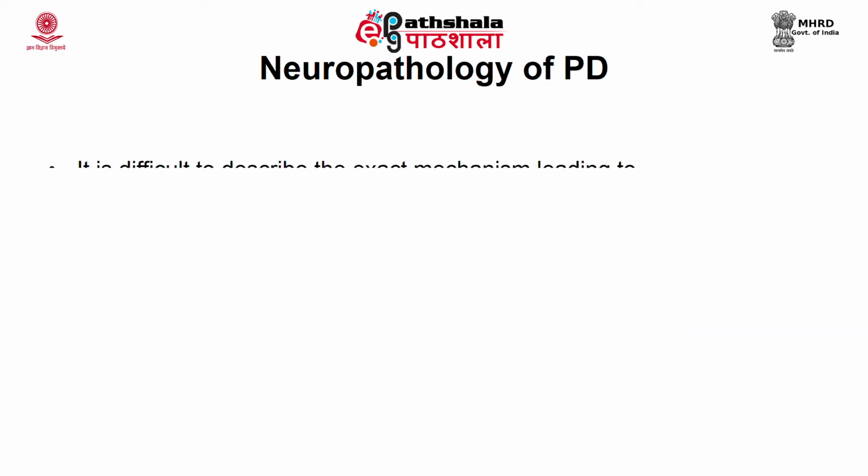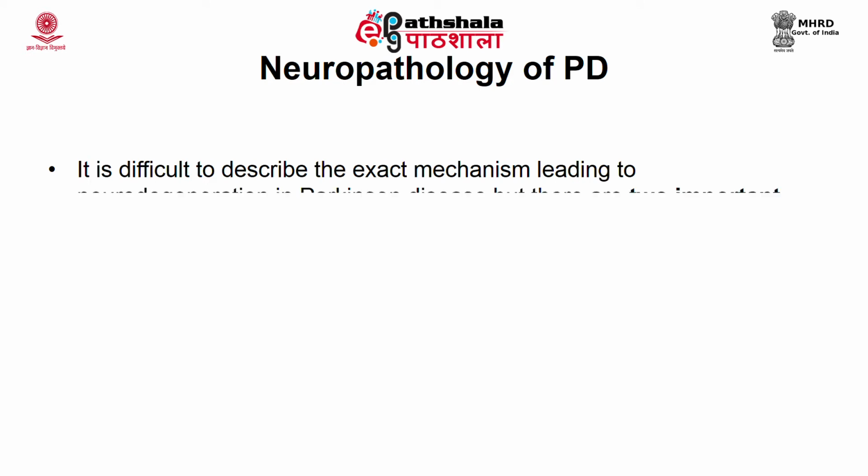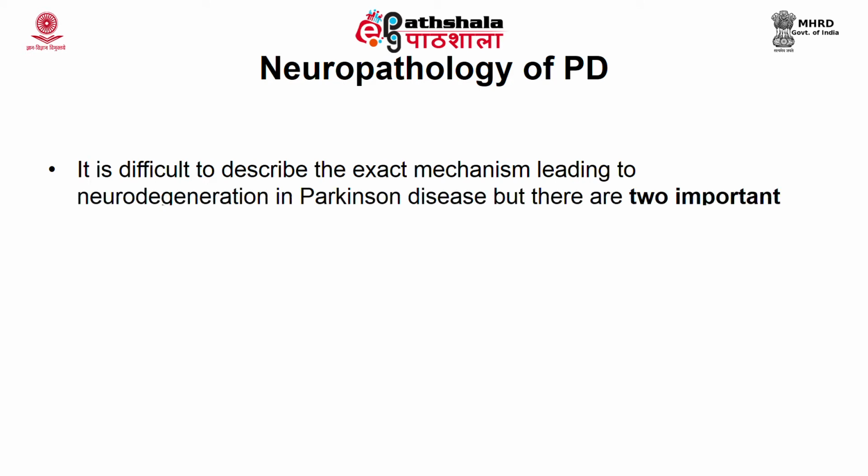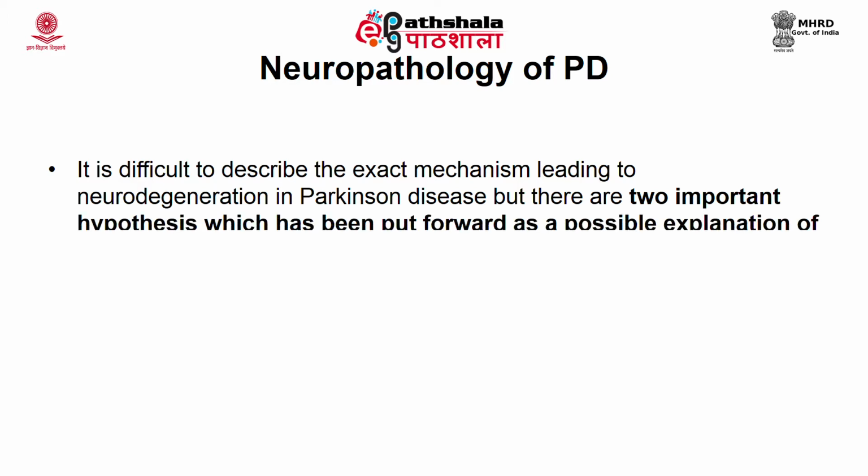Now, it is very difficult to describe the exact mechanism leading to neurodegeneration in Parkinson's disease, but there are two important hypotheses which have been put forward as a possible explanation of the pathogenesis.